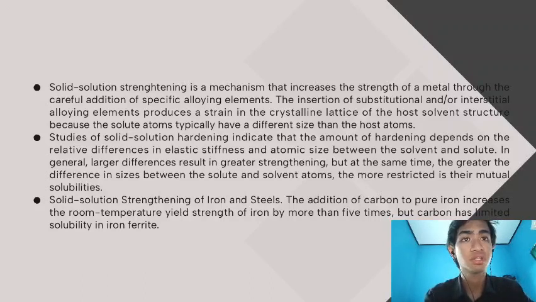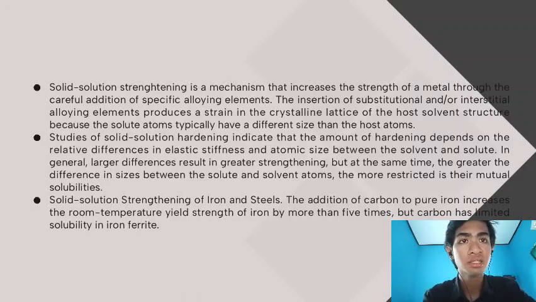past the solute atom. Types of solid solution hardening indicate the amount of hardening depends on the relative difference in elastic stiffness and atomic size between the solvent and solute.